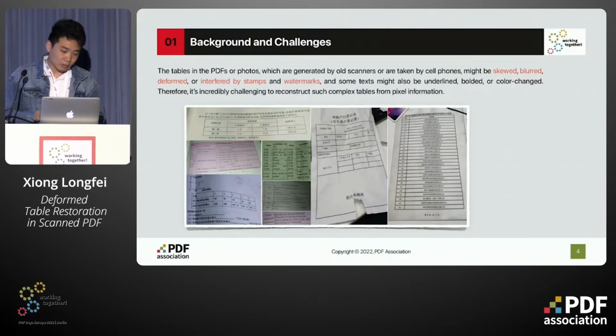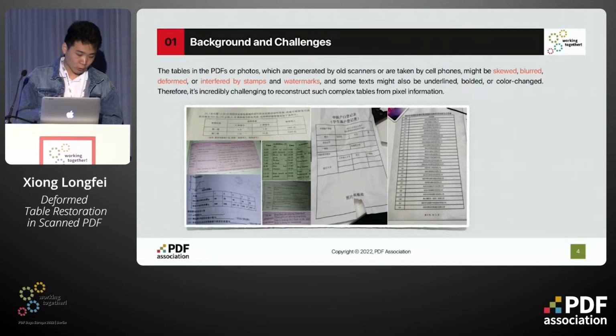If you encounter the following problems, like PDFs or photos which are generated by old scanners or taken by cell phones, they might be skewed, blurred, deformed, or may have complex layout, random orientation, or stamps, signatures, interference. Some may also have shadows and interference from other objects.